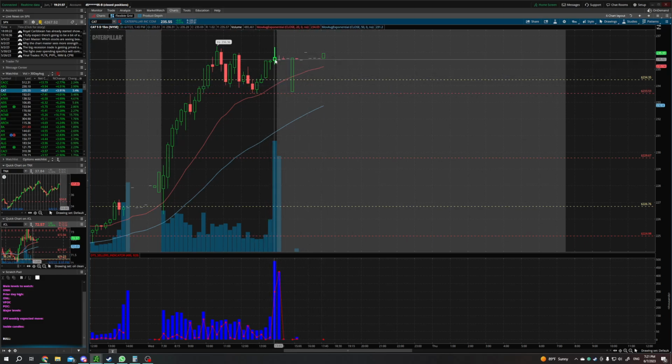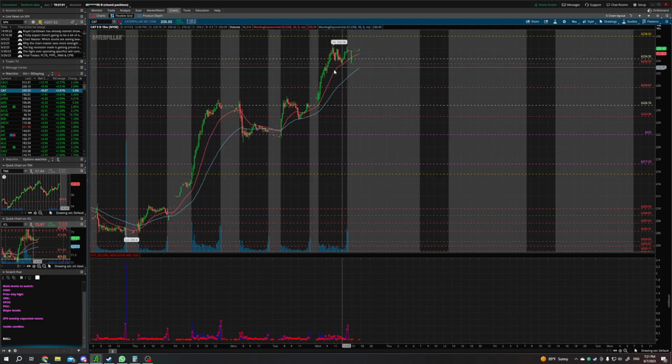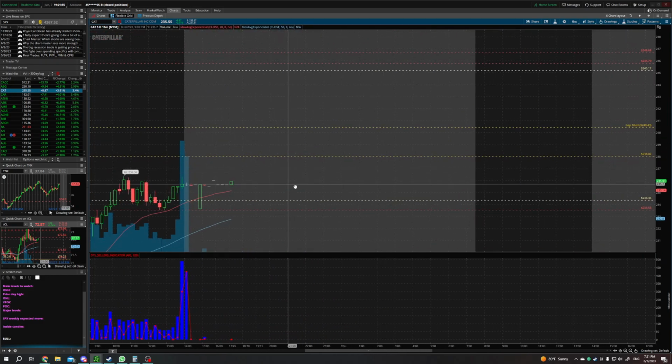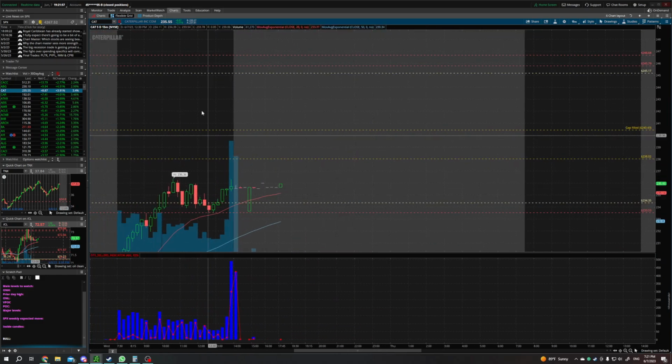If it opens right here, I will be careful. It's a good spot because it's a close, right? But I'll be careful because this could drop into this and then up, right? And if it opens even higher, watch out, if you got fast hands and a good platform like TOS or anything like that.